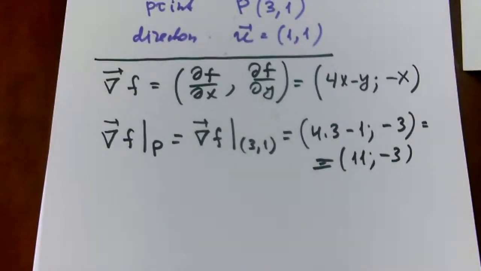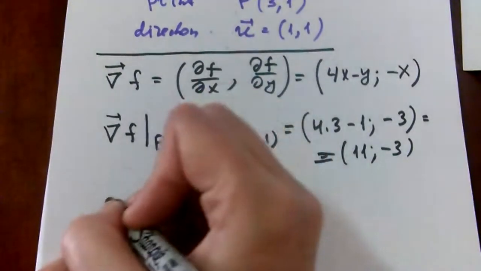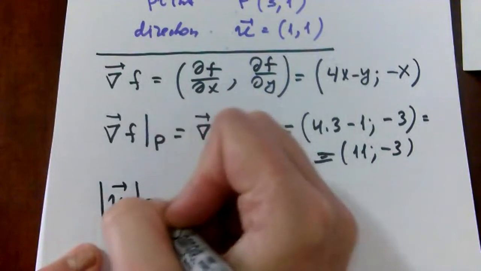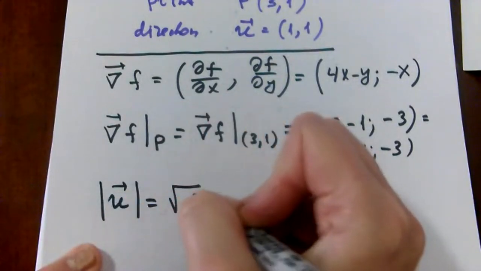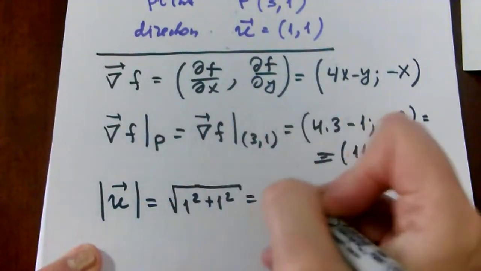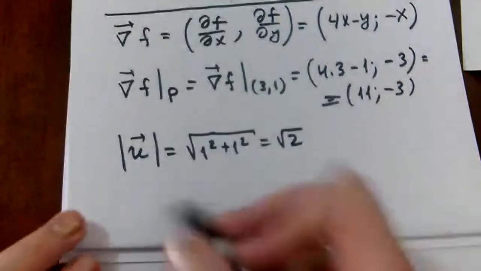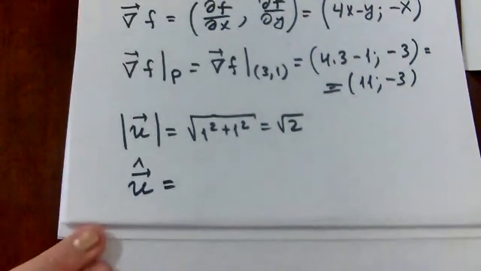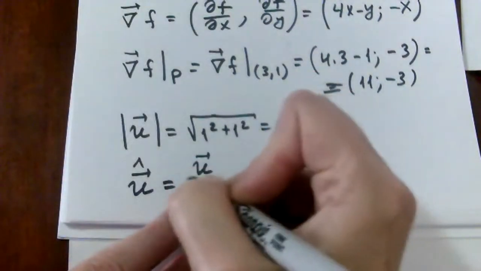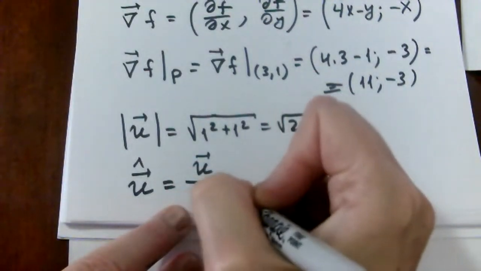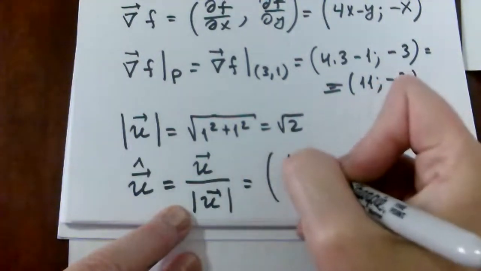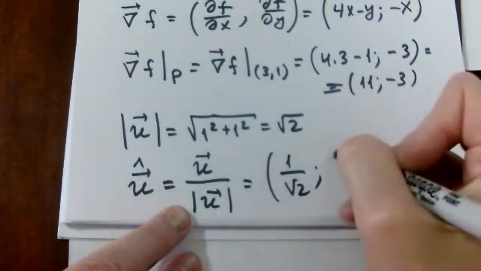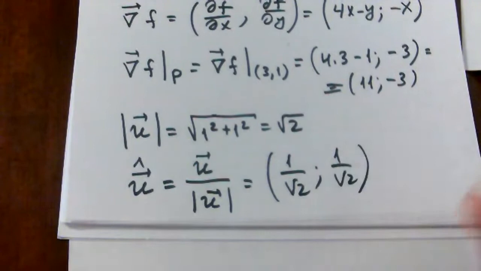Now we need to normalize our directional vector. So the length of the vector is equal to the square root of 1 squared plus 1 squared, square root of 2. And it means that our u hat, which is the unit vector, should be the vector divided by its length. And it will give us the components 1 over square root of 2 and the same second component.